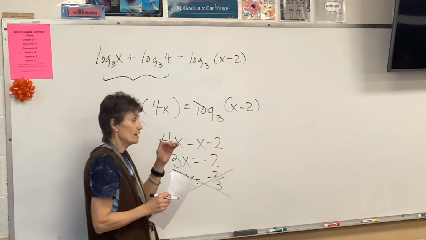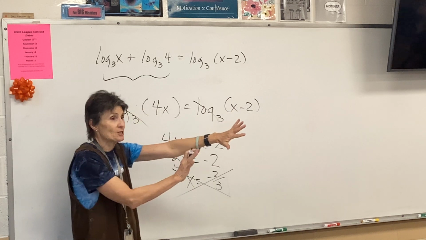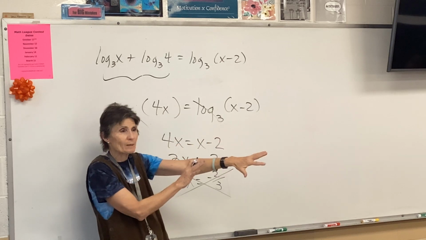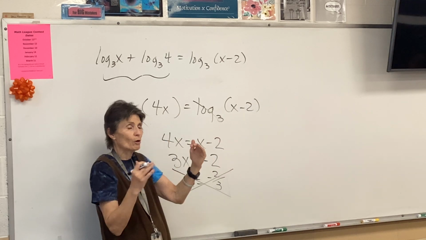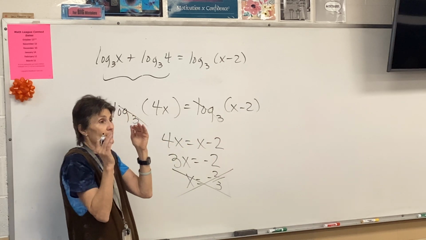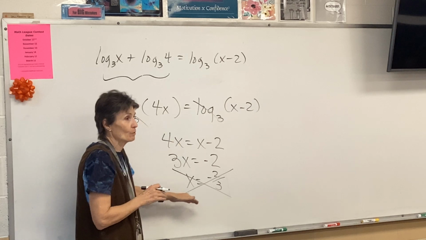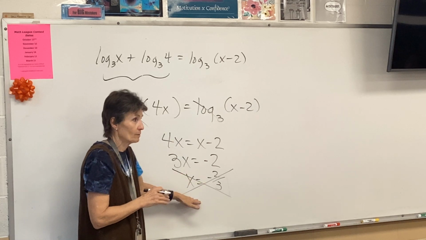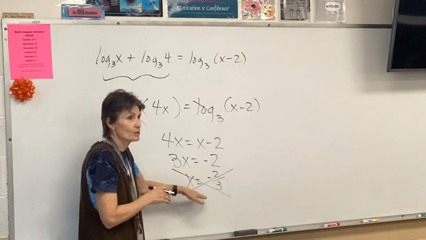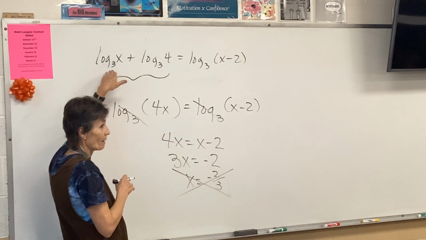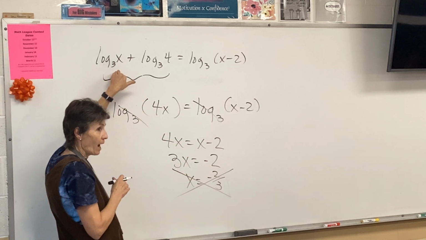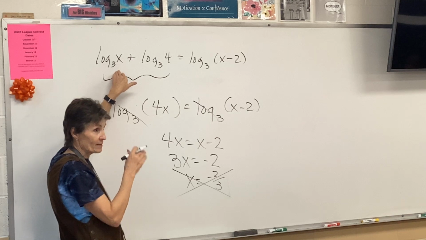Now I need to clear up what Elijah just said over here. I think he knows what he's saying, but I wanna make sure nobody heard him incorrectly. I'm not crossing this out because it's a negative number. I'm crossing it out because when I put it back into my problem, I would have to take the log of a negative number.